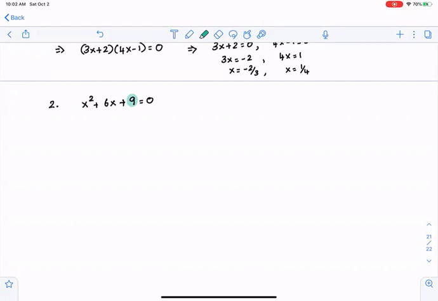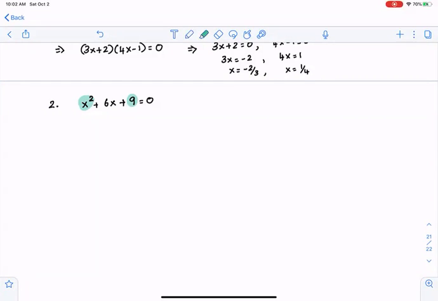If I have a perfect square as the last term, and if this happens to be a perfect square also, in this case it is, I would always like to go for a special product.